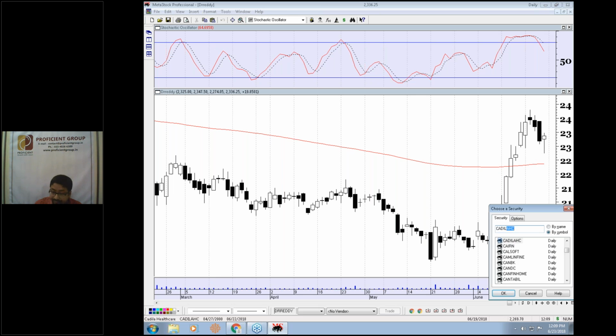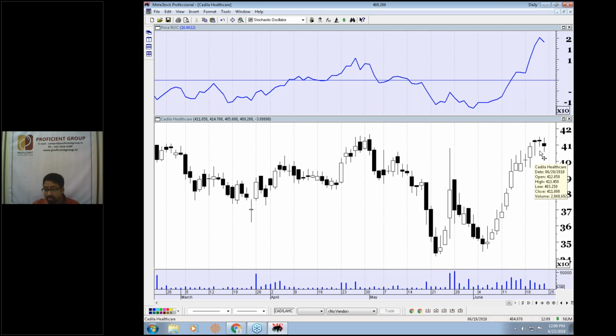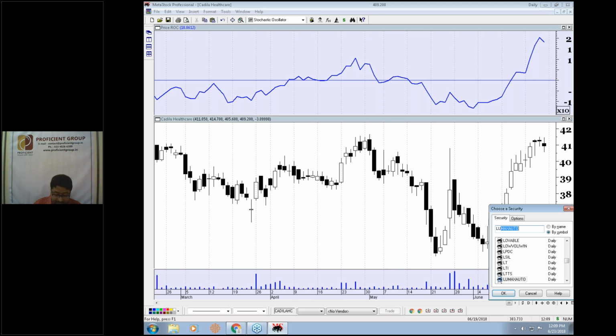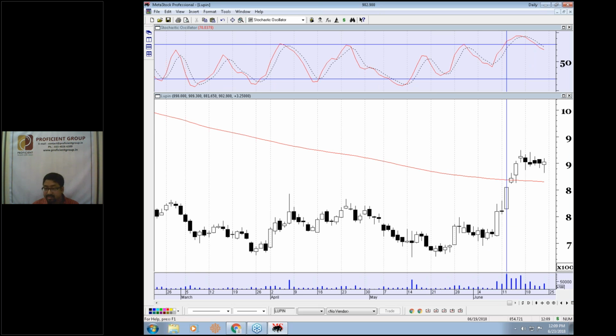Cadila Healthcare can be traded from the short side, especially if this high of 415 is not broken. Lupin can be traded from the short side with a stop loss at around the 924 level.